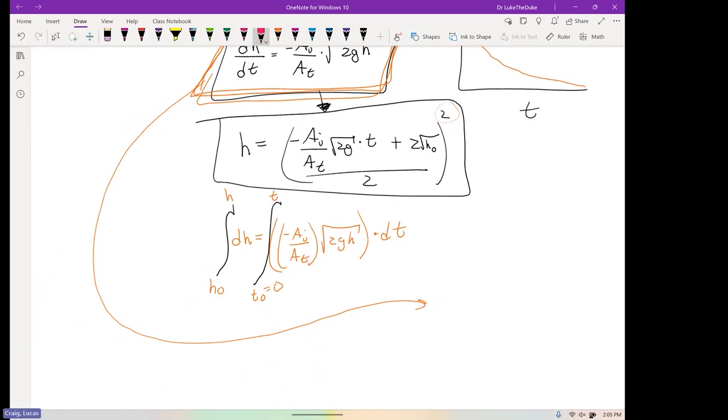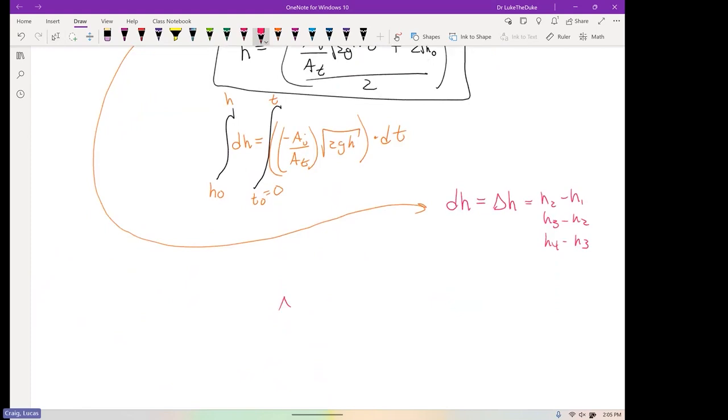So, dH could also be written like this, and that means it's H2 minus H1, a second height minus a first height, or H3 minus H2, H4 minus H3, and so forth. Does that make sense?